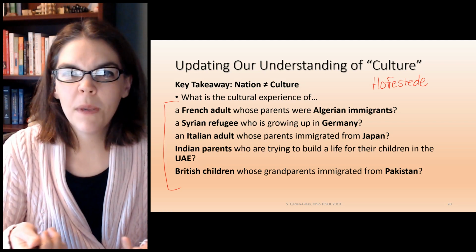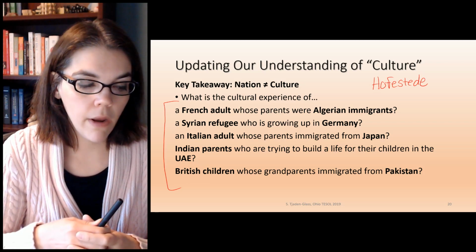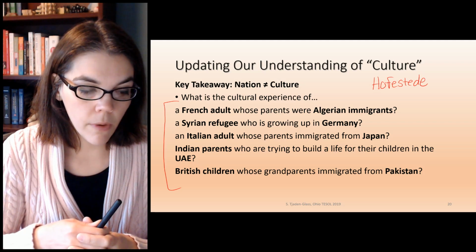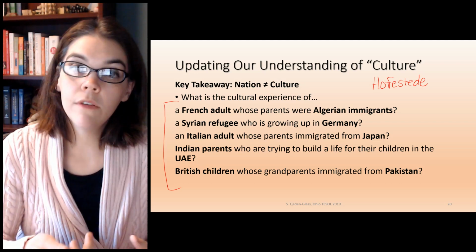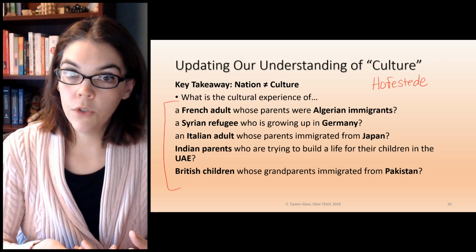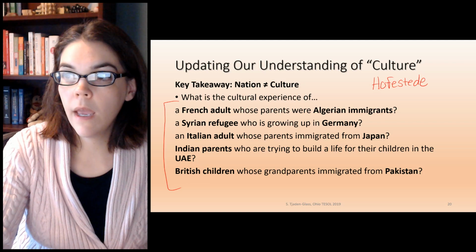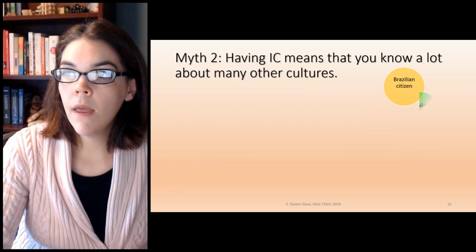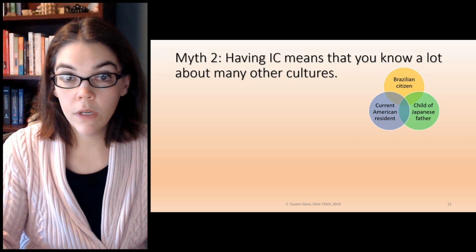But it makes sense because Hofstede was coming from a business management background. So anyway, I just wanted to say that there is another way of looking at culture beside just categorizing them in these big categories. And you might have a student like this.